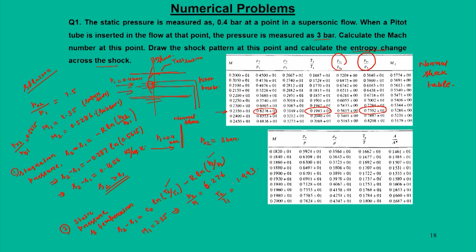Now, when you insert these values, and you have Cp equal to 1.005 kilojoule per kg Kelvin, this will give you S2 minus S1 equal to 1.005 ln 1.993 minus R ln 6.276.